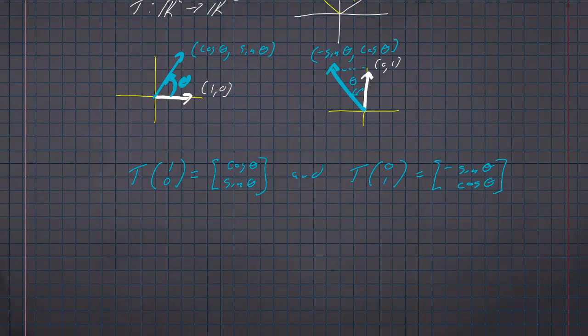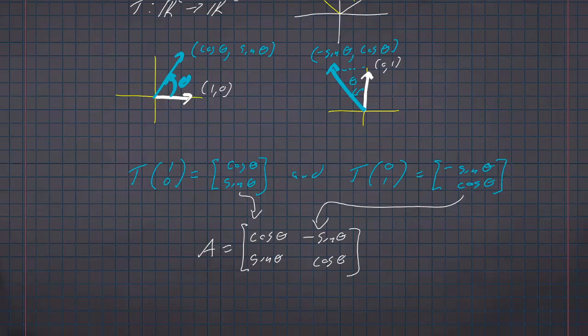Putting that together means that I can represent this transform using the matrix. The first column is this transformation, cosine theta, sine theta. The second column is that transformation, negative sine theta, cosine theta.